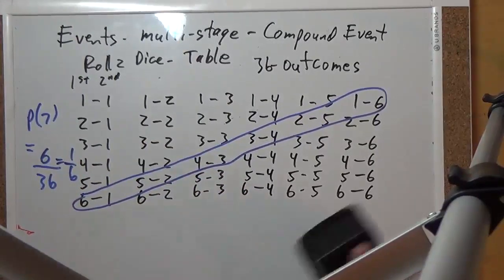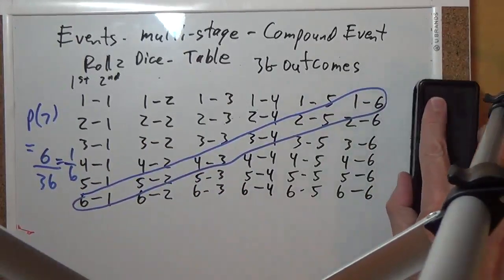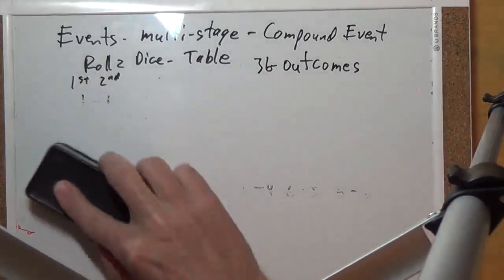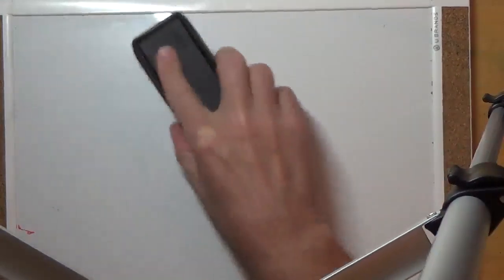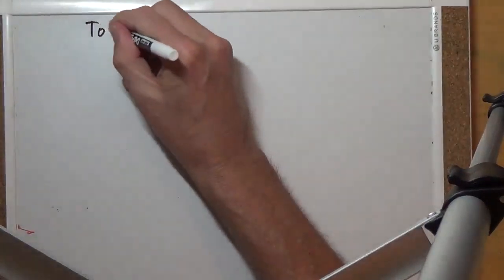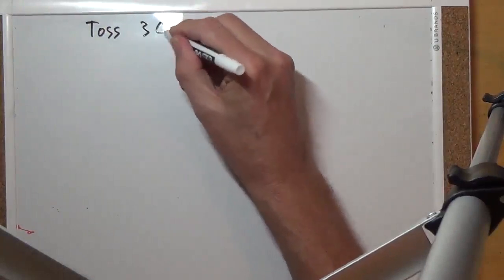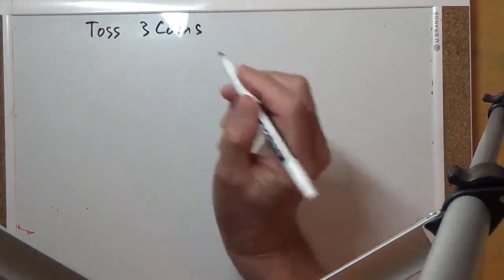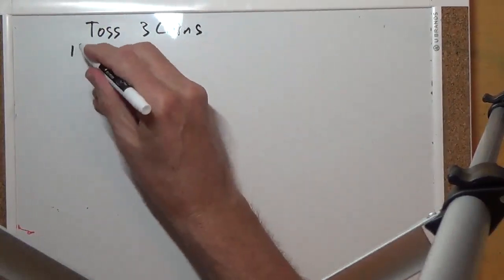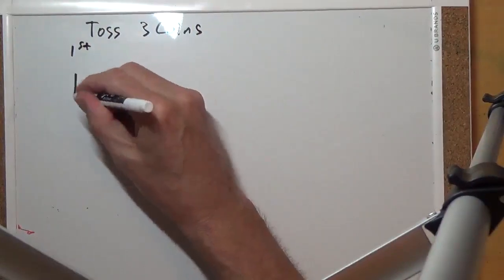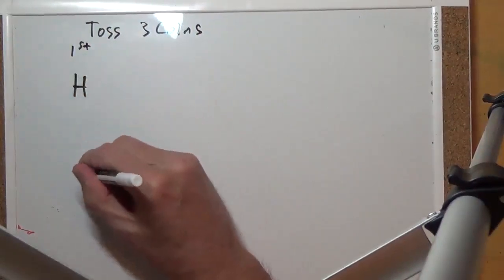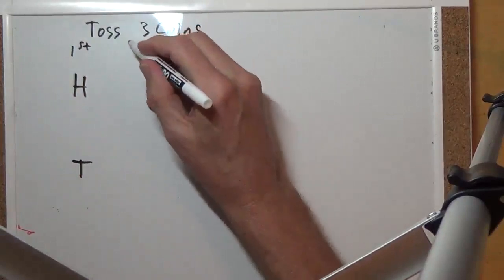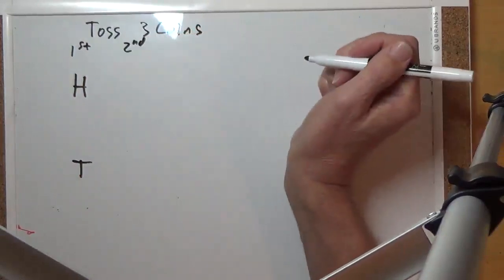Okay, now I'm going to do a tree diagram. I'm going to toss 3 coins. So we know that the first coin can be a head or a tail. Then I look at the outcomes for the second coin.